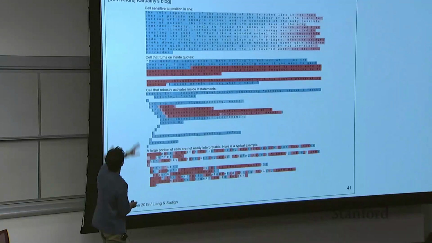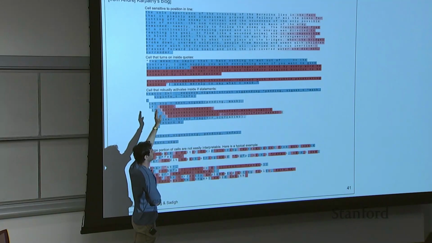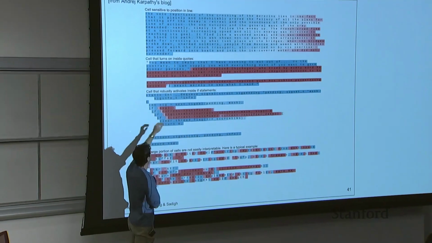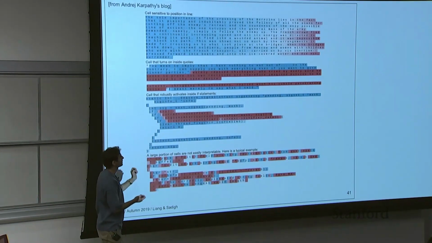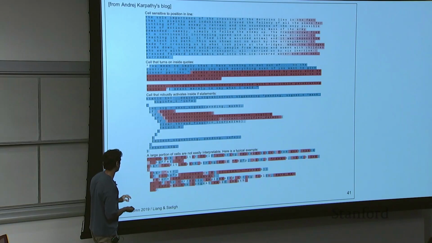So for example, Andre Karpathy has a great blog post. You find units that track the length of the sentence. You find units that track syntactic cues like quotes or brackets. But in general, you find a lot of things that are just not easily interpretable.